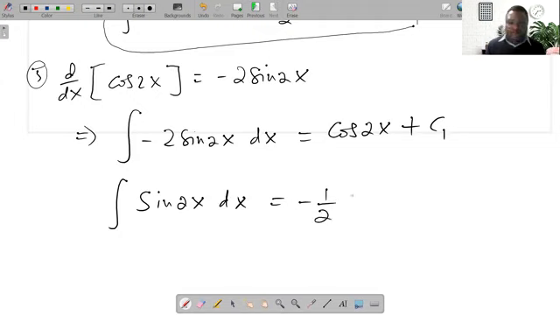So I will end up getting the integral of sine 2x dx equal to -1/2 cosine 2x, but I'm dividing the c1 also by -2. It will still be a constant at the end of the day, so I just maintain that.